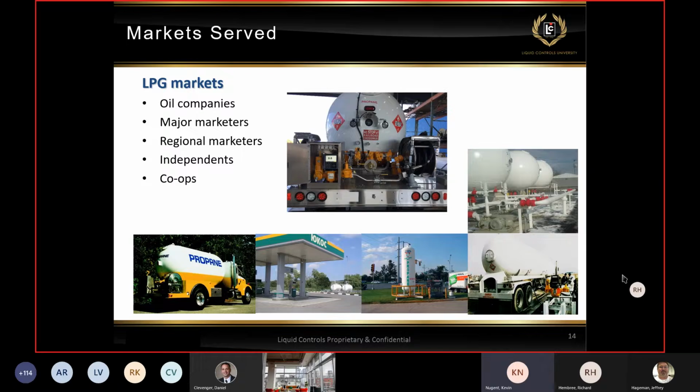We're very successful with major marketers. The independents and regional marketers look to our liquid controls meter for long-lasting service. And we have been successful with the farm cooperatives throughout North America and around the world.